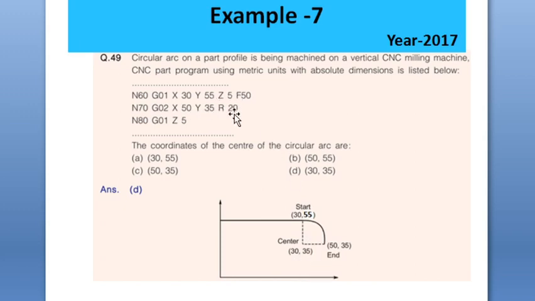The radius of the arc is 20, so radius 20 is subtracted from the 50 and the 55. The center of the arc is 50 minus 20, 30, then 55 minus 20, 35. This is the center of the arc. You have to subtract the radius of the arc from 55 and from 50. We get 30, 35. This is the center of the arc.